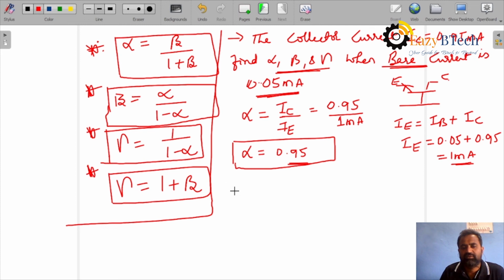Now similarly, if you know alpha, you may calculate all the factors. If you want to calculate beta, beta is equal to alpha by 1 minus alpha.